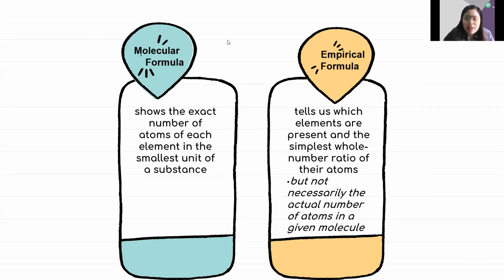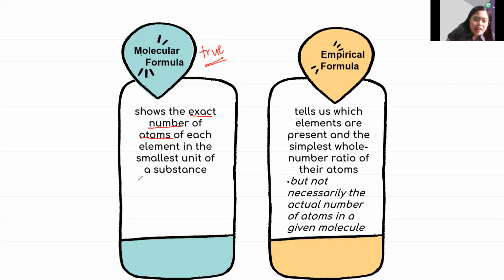Ang tandaan nyo lang, class, para mas madali atong life, pag sinabing molecular formula, this is the true formula of our chemical substance. Bakit true chemical formula siya? Kasi it will give you the exact number of each atoms or each element that you can found in the chemical substance.